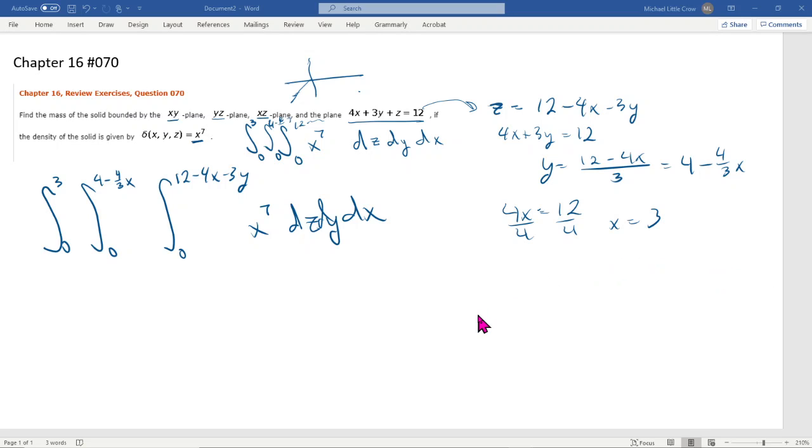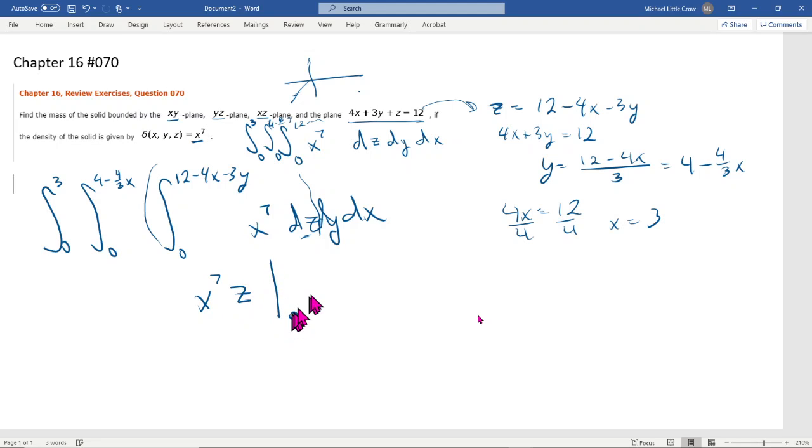Okay, and so we go ahead and we first integrate, and since we're integrating with respect to z, it's just x to the 7th z. You could have started with x, but I guess this maybe is a little bit easier.